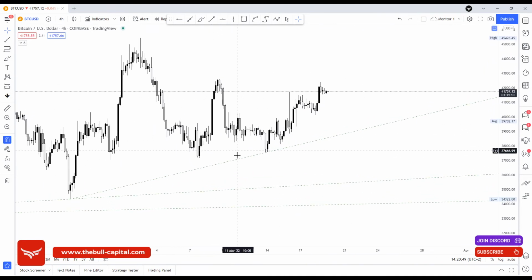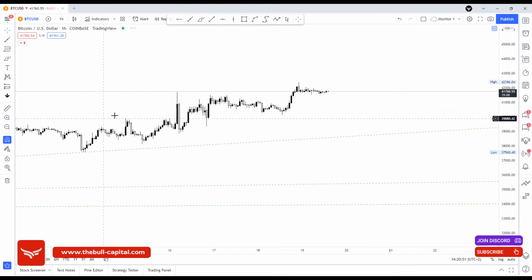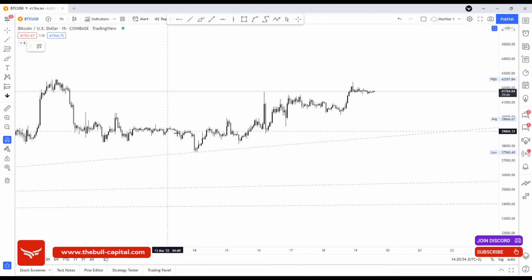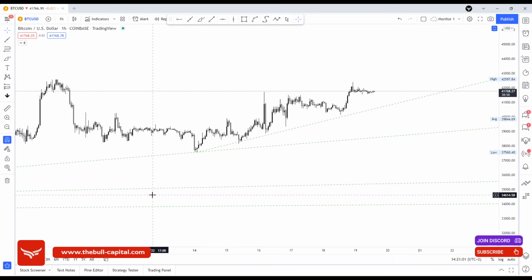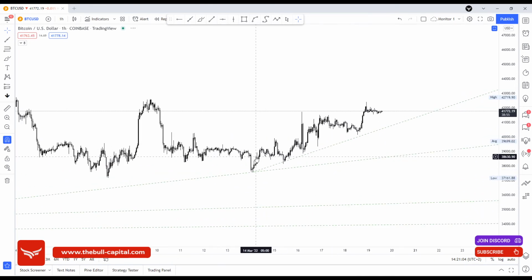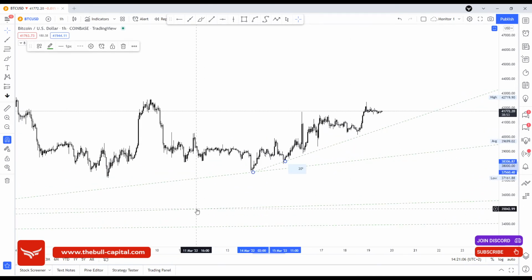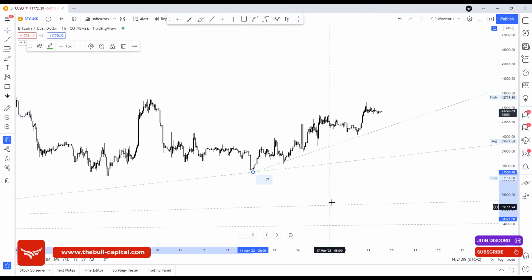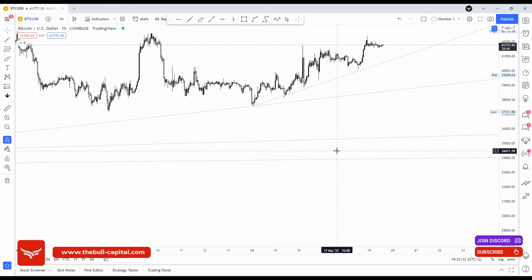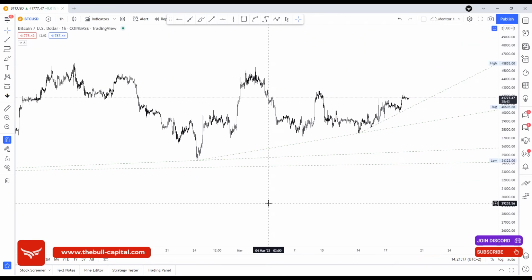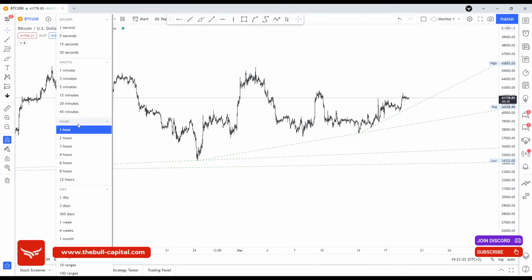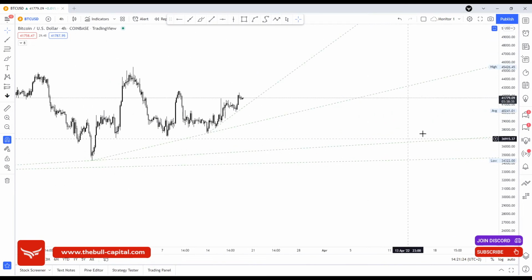Also, if we take this section here and go to the 1 hour time frame, let's see if we have any. So we have another one here. This is a smaller trend on 1 hour, this is a 4 hour trend, and these two are daily trends. Now you are actually mapping the chart, so you have multiple trends on different time frames.